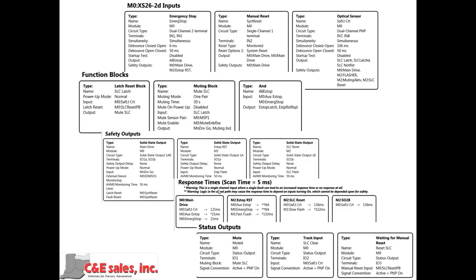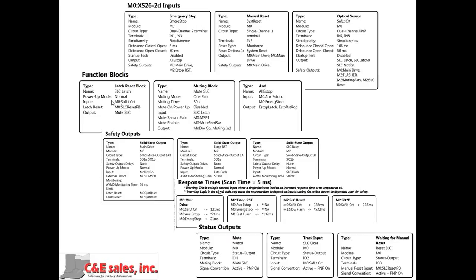To make a point and show you how this is documented, I added 100 milliseconds over the normal default 6 millisecond close to open. This is not something you would typically do, certainly not in a safety light curtain. In a practical application, I did it here as an example. So don't follow that one, but we'll just see how it works.